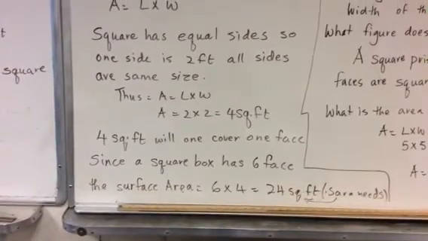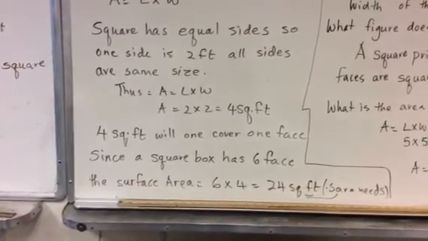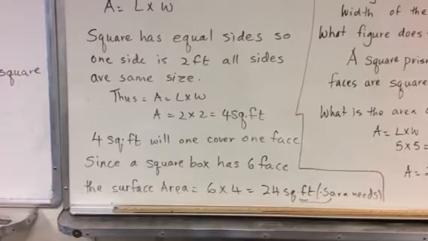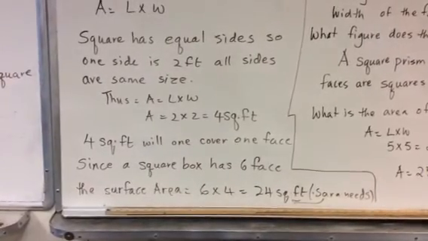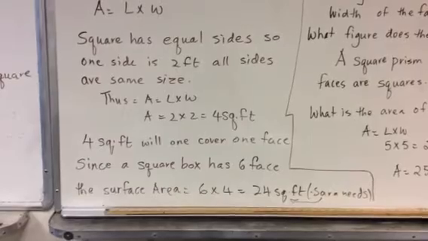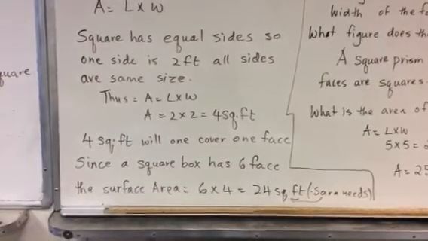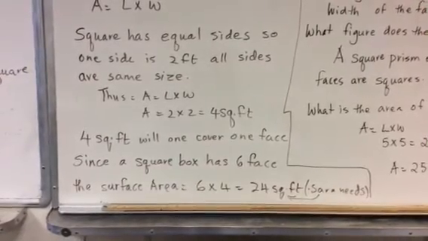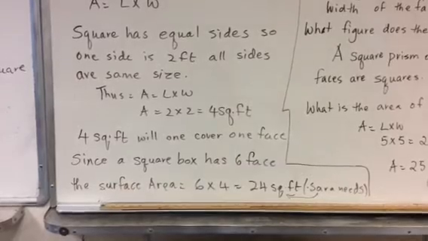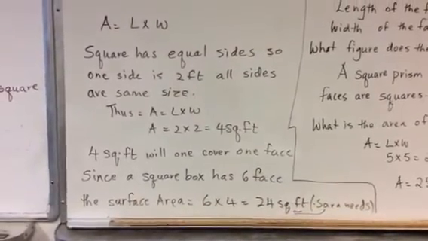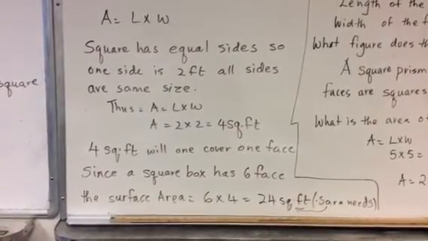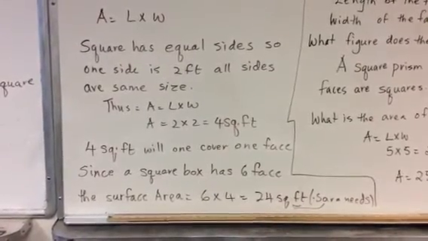That just means it's covering only one side. Since a square box has 6 faces, the surface area will be 6 times 4. That's 24 square feet. Sarah needs 24 square feet of wrapping paper to cover the box. That is how to find the area of a box.